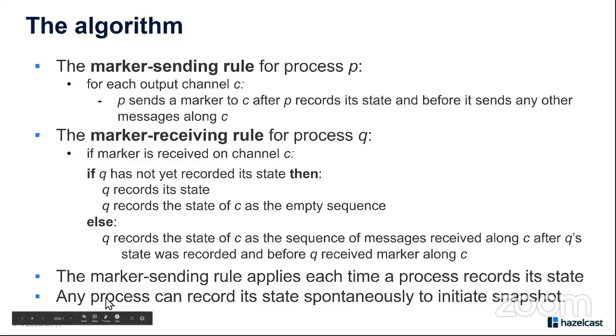And any process can record its state spontaneously. That is, there is no coordination. It's beyond the scope of this paper or of the algorithm. There can be, of course, an algorithm, let's say, to do it at some real clock time, but this time is never precise. So essentially, it can do it at any time.